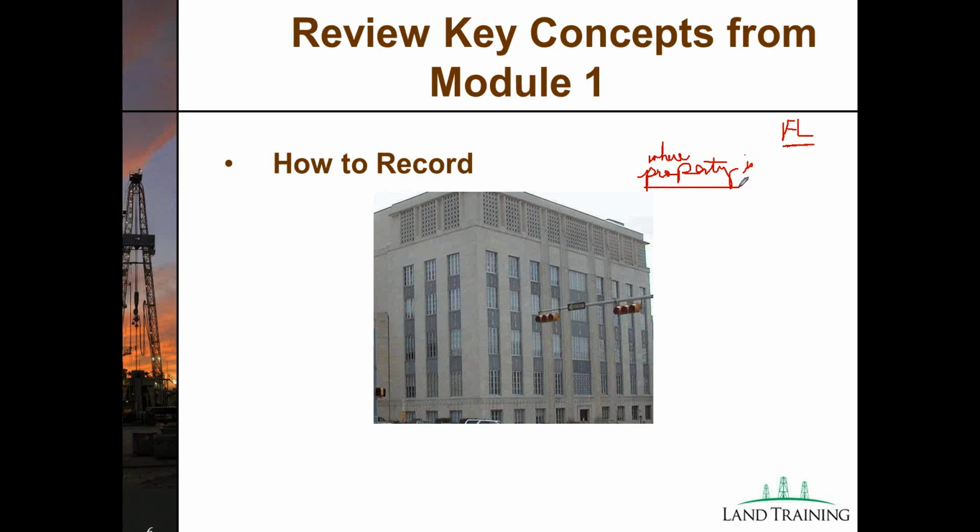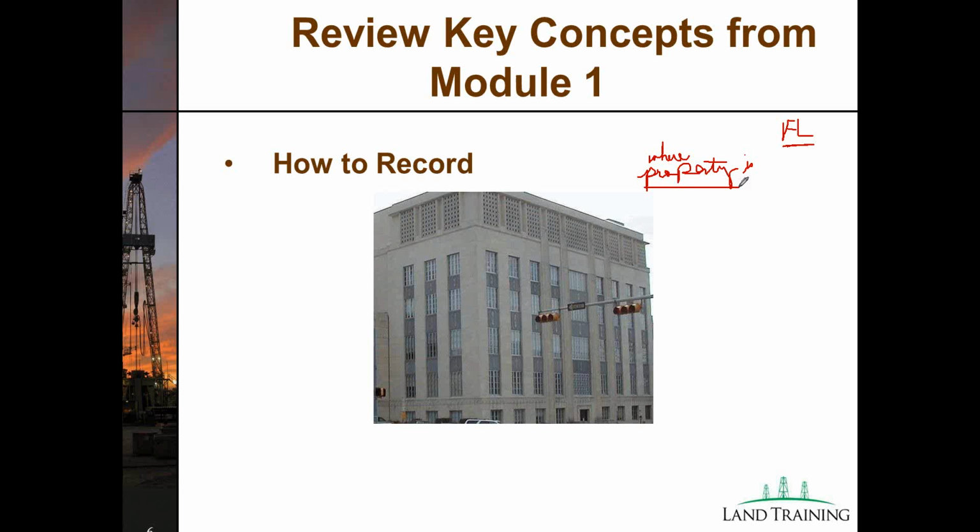Or you can just mail your document to the clerk of court and ask them to record that document for you. Now, what we used to do in the old days, and I don't know if this is done so much anymore because of images and things being digitally imaged, but we would take 2 original leases. So we'd have that landowner physically sign 2 identical leases.